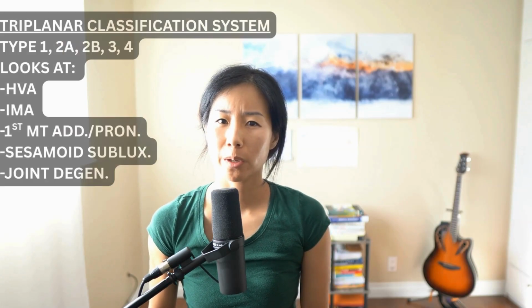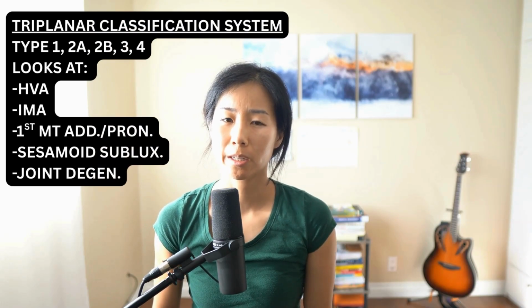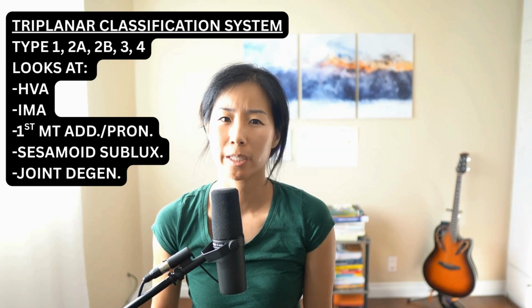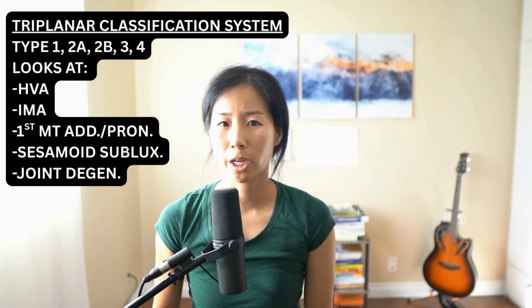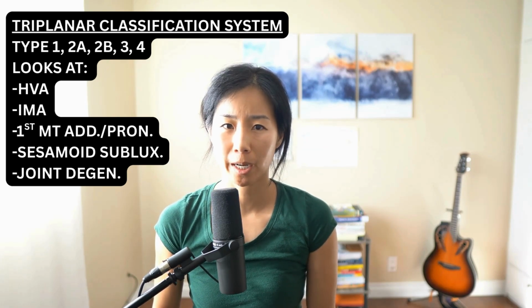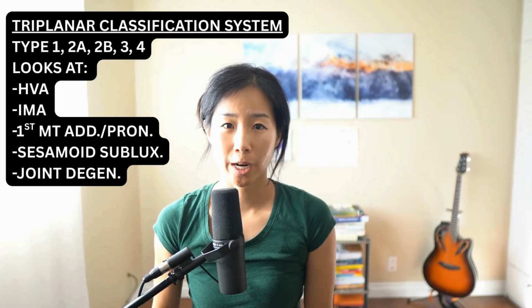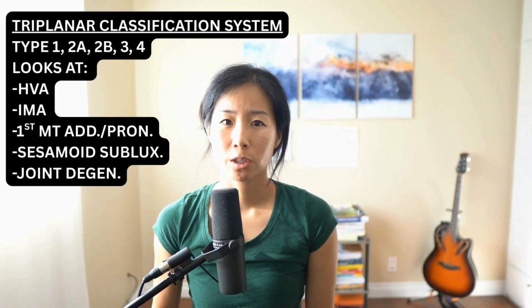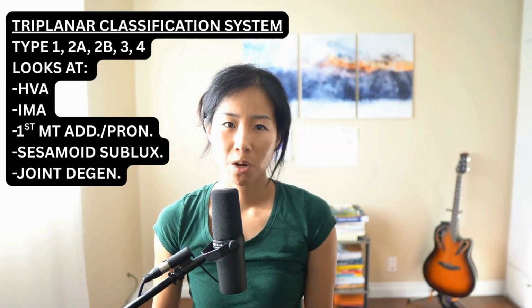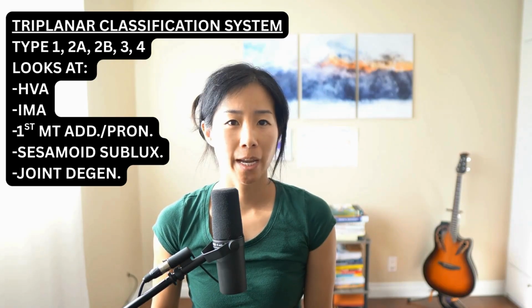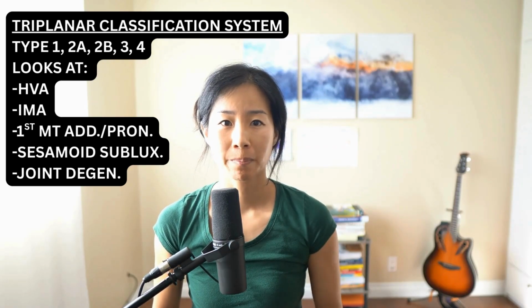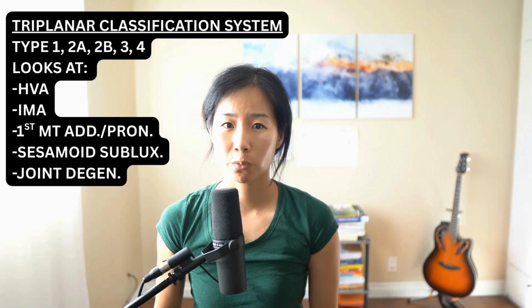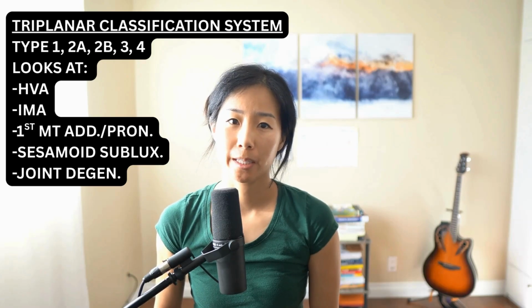There's also a newer classification system that considers the triplanar nature of this deformity. So just like scoliosis and other deformities in our body, it's not just in one direction or one plane. Oftentimes it's a 3D deformity. So for this triplanar system, we're going to look at AP, which is anterior, posterior, or front back, lateral, and axial radiographs to classify this condition.